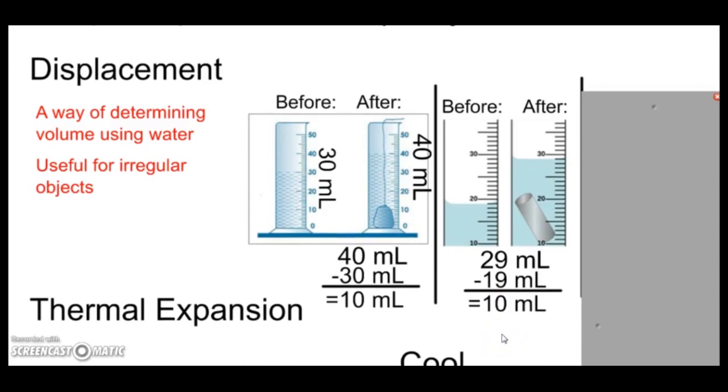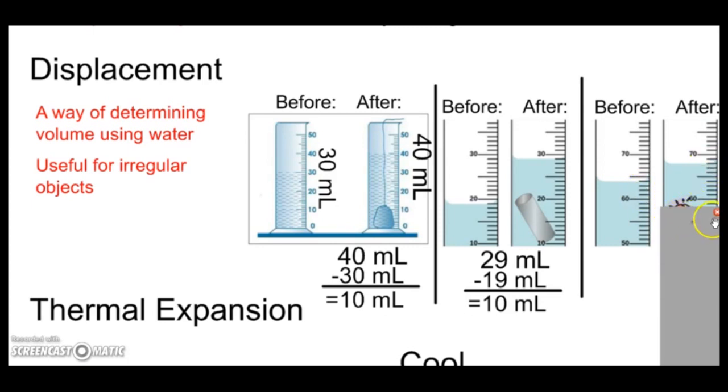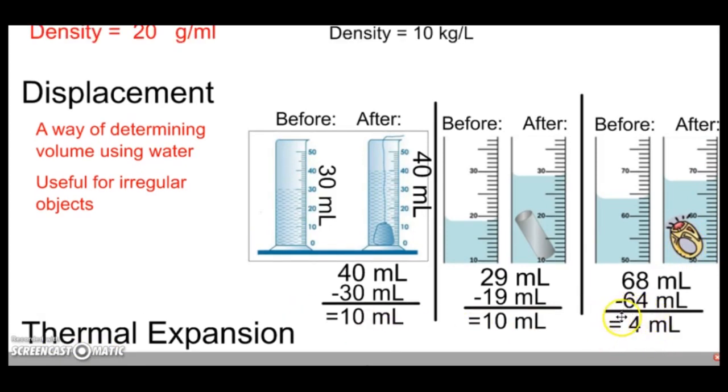All right. The last example here has before being 64 and after being 68. So our little ring has a volume of 4 milliliters right here. So this is a way you can find the volume of objects that are irregularly shaped.